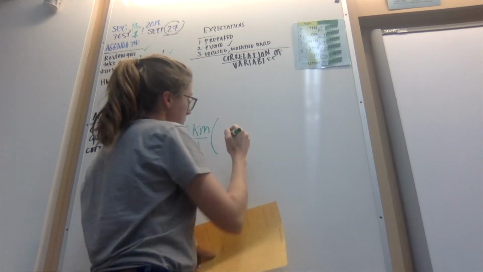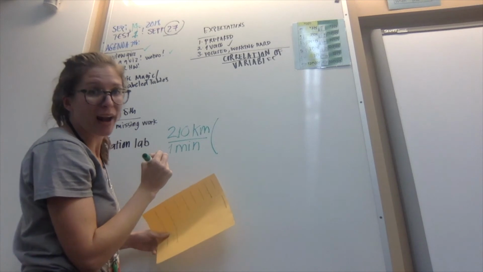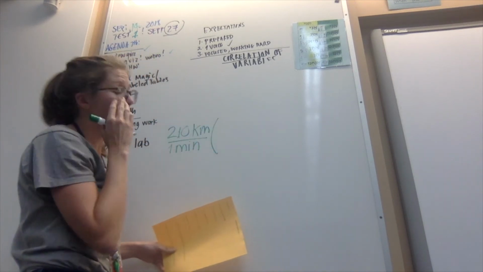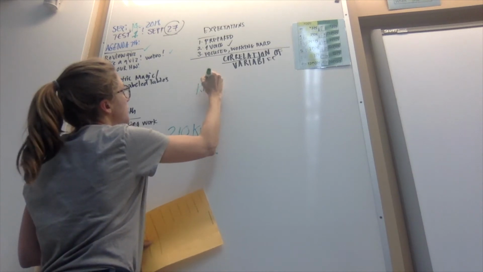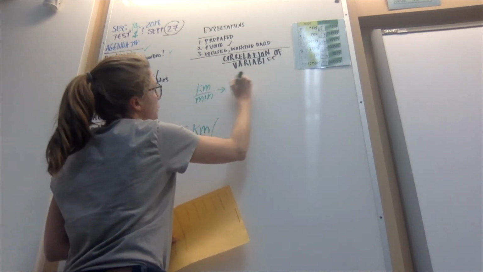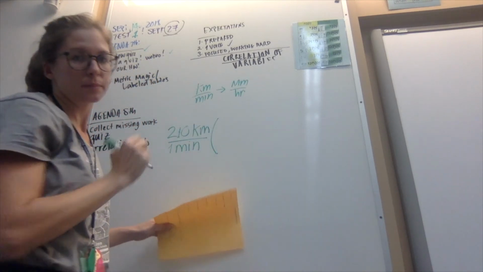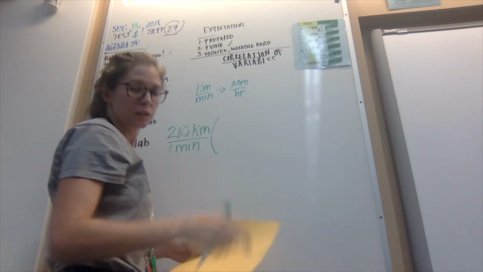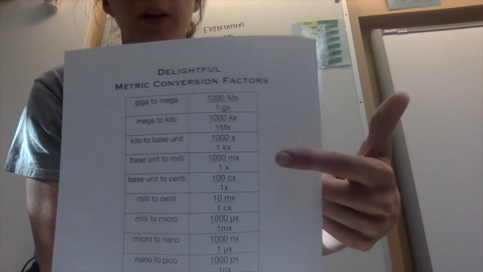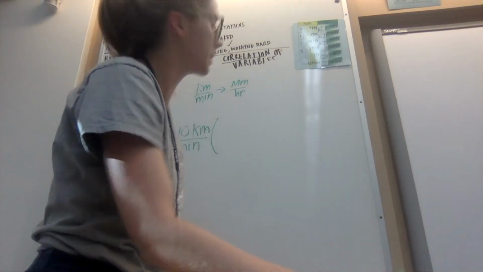Okay? Oh, we are converting that to megameters per hour. It's still just a 2-step conversion, but because there are 2 units, it's going to look way different. So megameters per hour. All right? So first, kilo to mega. Kilo to mega, right up there toward the top. There's 1,000 kilometers in 1 megameter.